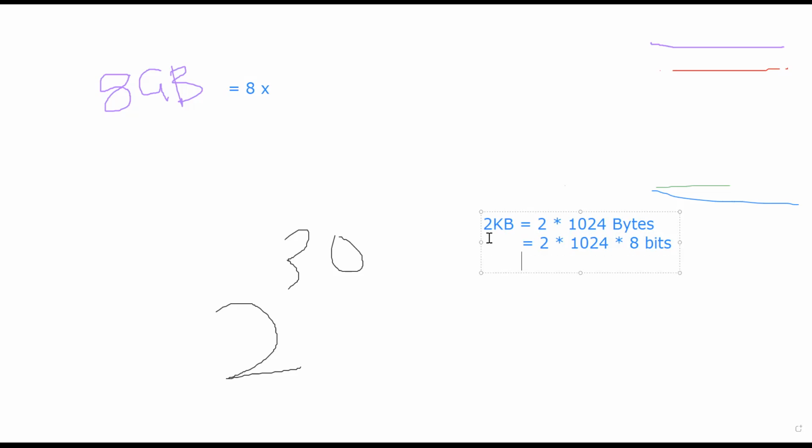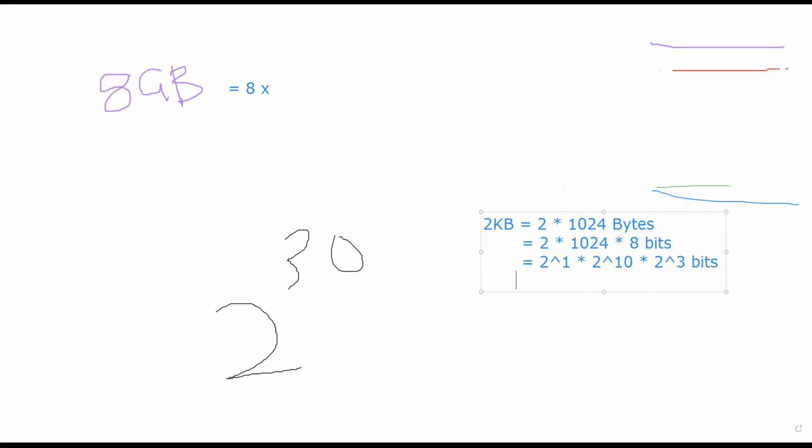Now you have to convert everything to the power of 2. So we know that this is 2 to the power 1, and 1024 is 2 to the power 10, and 8 is 2 to the power 3, bits.